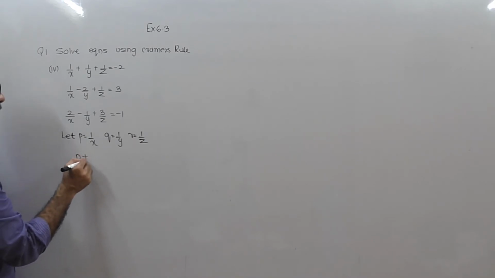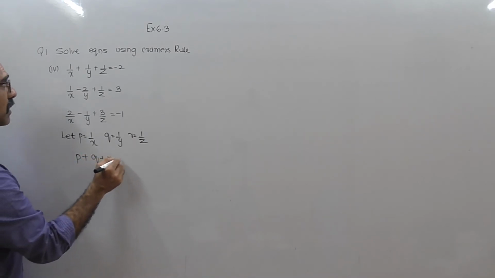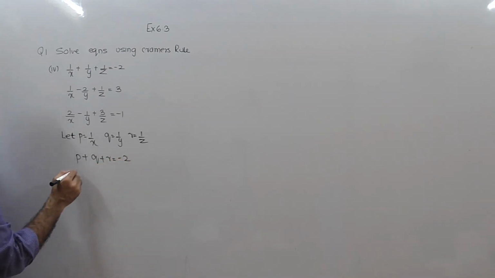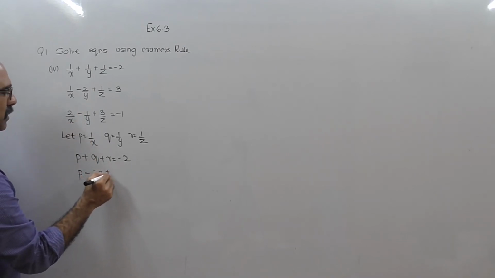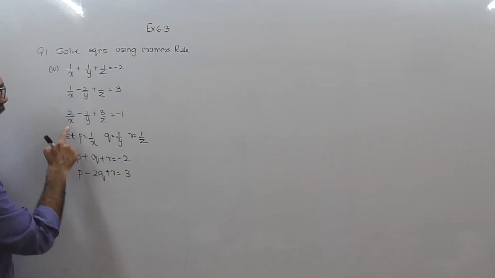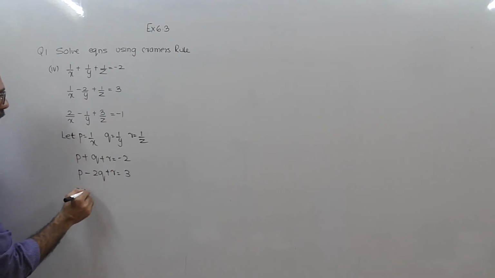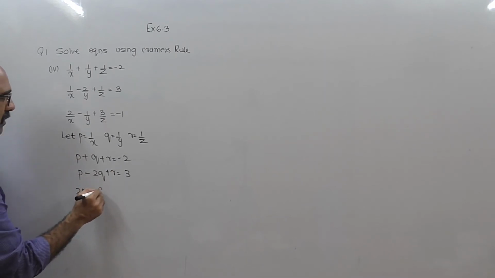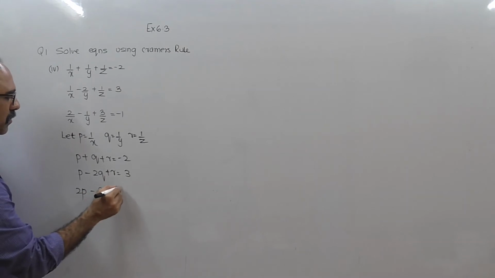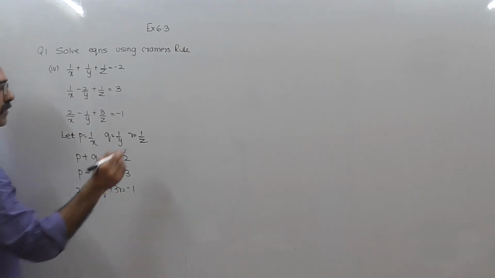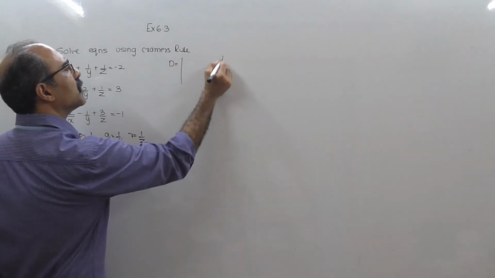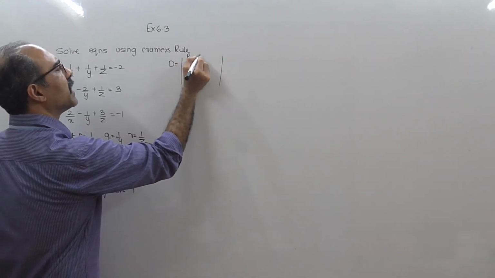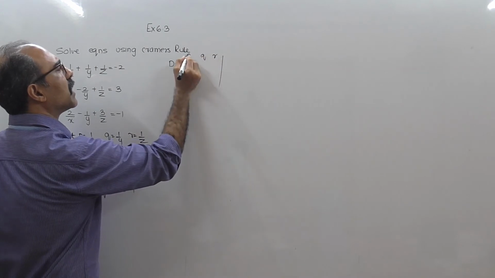So this is p plus q plus r equal to minus 2, followed by 1 upon x, p minus 2 upon y is 2q plus r, that is equal to 3. 2 upon x means 2p, 1 upon y means q plus 3r equal to minus 1. Now our normal procedure, let's find out what is d. So previously I was writing x, y and z, now I will start writing p, q and r.